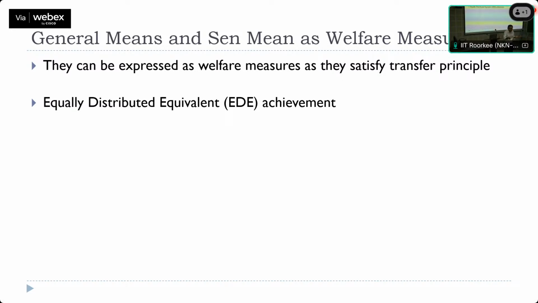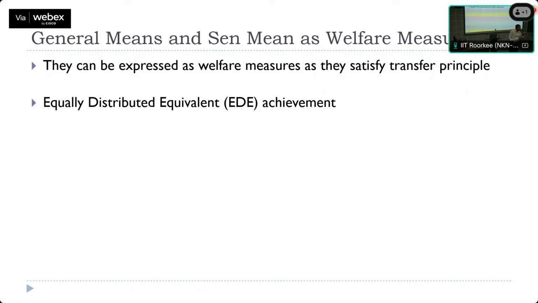Some of you may say, I would rather accept 20,000. So 20,000 for you is the certainty equivalent of that lottery. You are saying, rather than playing that lottery which is unequal, I would rather choose a certain number. That's called certainty equivalent. Atkinson actually used the concept called equally distributed equivalent.